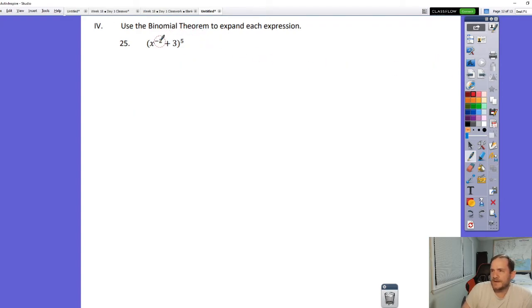Aha, some negative exponents. That's fine. Okay. So this will be 5 choose 0, x to the negative 2 to the 5, 3 to the 0. Okay, great. I choose to be lazy again.